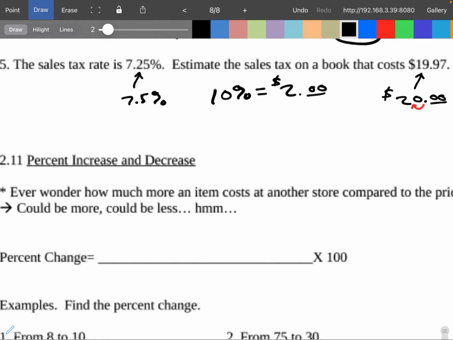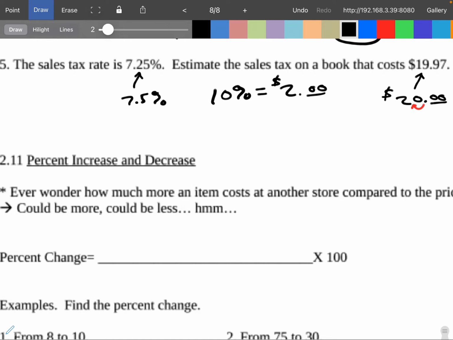So 10% would be $2. Well, can you see that 7.5% would be 3/4 of that number? Does that make sense to you guys? Like if you do 2.5% plus 2.5% plus 2.5% plus 2.5%, that would be 10%, right?